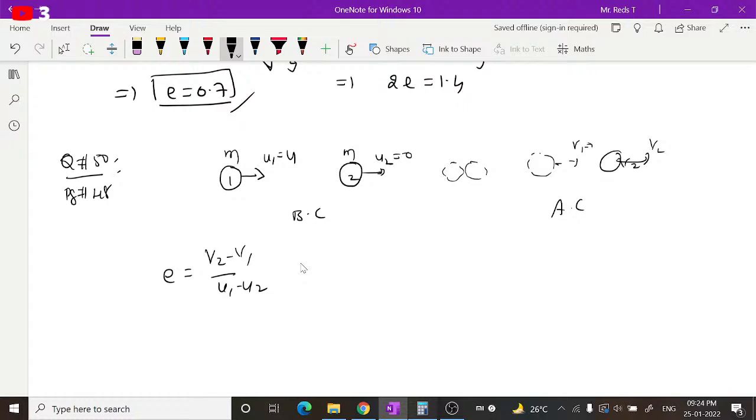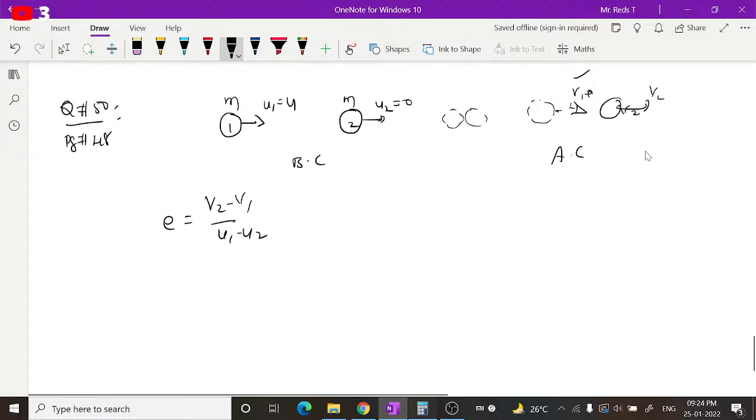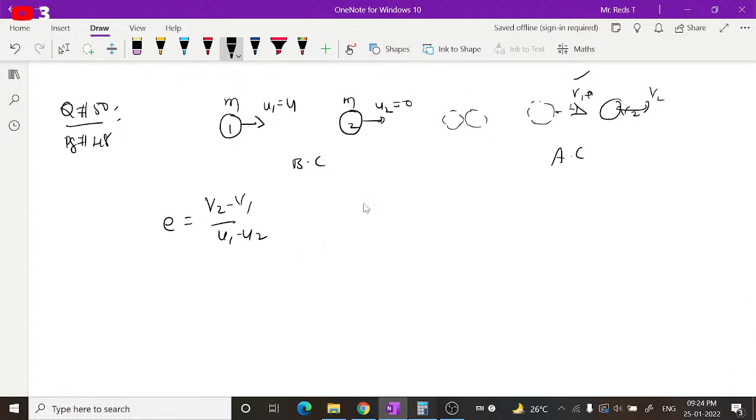It doesn't mean that after collision the first body will come to rest, because it is not mentioned that the collision is perfectly elastic. What you have to understand is that whatever the collision, whether elastic or inelastic, momentum should always be conserved. From the law of conservation of momentum, total initial momentum equals total final momentum.